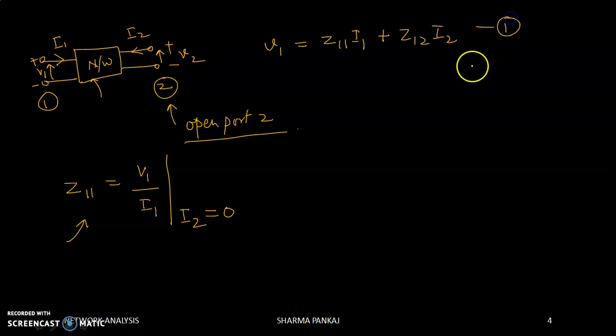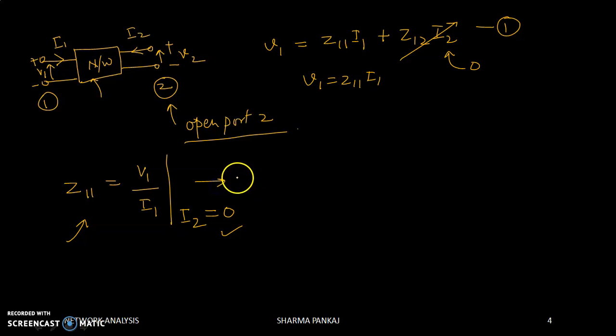When I have opened port number 2, I2 becomes 0, so this entire term vanishes. Remaining is V1 is equal to Z11 I1. From this, Z11 is equal to V1 upon I1 under the condition that I2 is equal to 0.